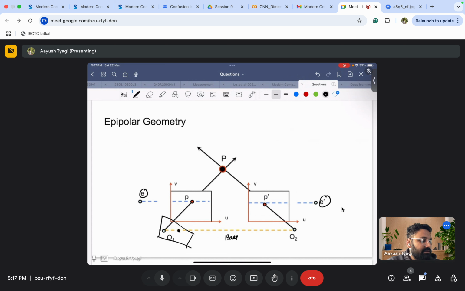But since the planes are parallel to the baseline, this point P will not intersect with the baseline, and your epipoles will be at infinity in that case, because there's a convention that all lines converge at infinity. So if someone asks that if two cameras are parallel, the epipoles will be at infinity.